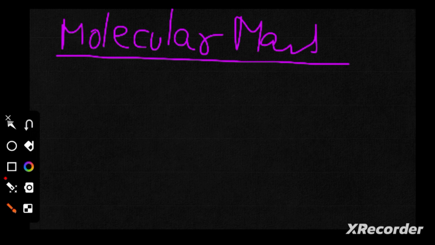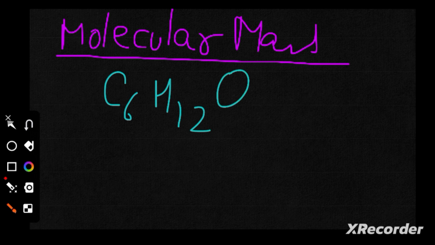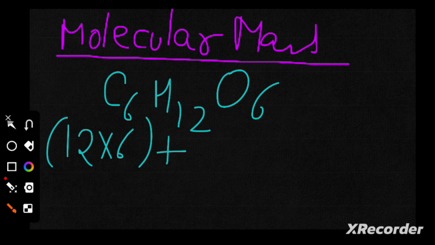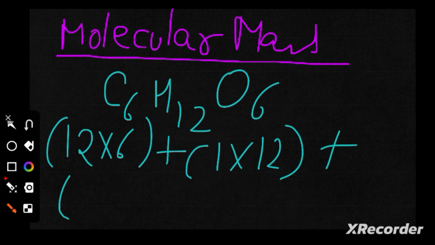Let's take the next compound, C6H12O6. It's glucose actually. So to find the molecular mass of it, I have six atoms of carbon, plus 12 atoms of hydrogen, and then I have six atoms of oxygen, so it's gonna be 16 into 6.